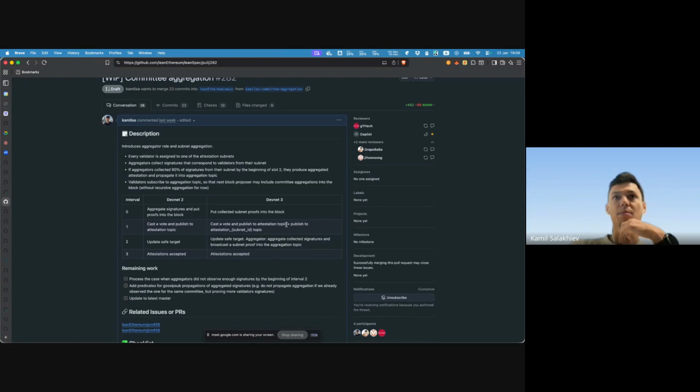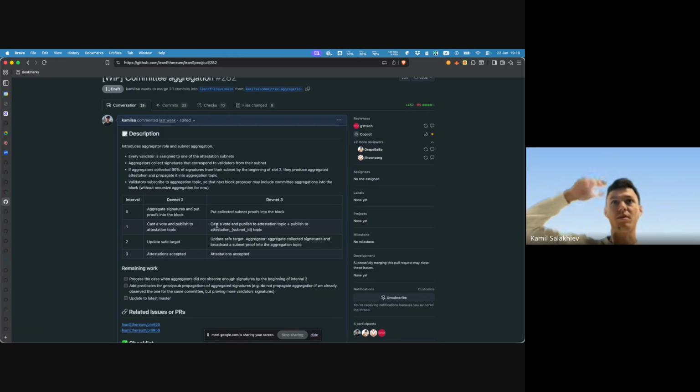What I propose is, in addition to the attestation topic we have today, we also introduce attestation topics per subnet, so that when validators cast a vote, they publish it to both the global attestation topic and the attestation topic corresponding to the subnet ID they belong to. Is it clear so far?